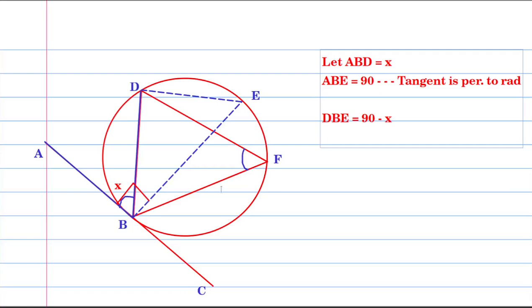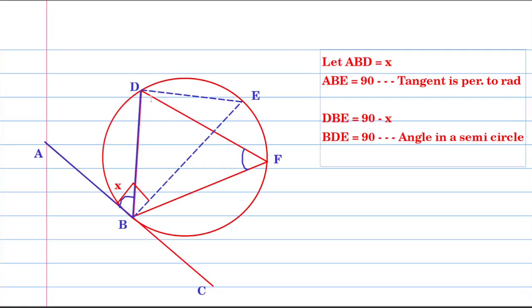Now let's check something here. What's the value of angle BDE? Angle BDE is equal to 90 degrees. What's the reason? Angle in a semicircle. It's 90 degrees.